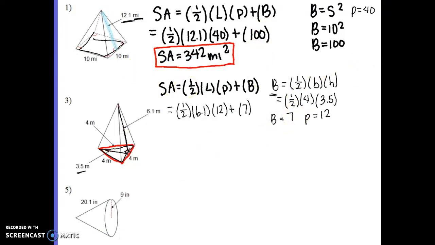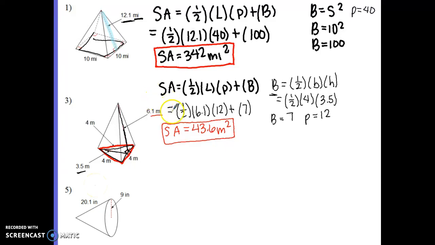So here my surface area ends up being 43.6. Take our units and square them.